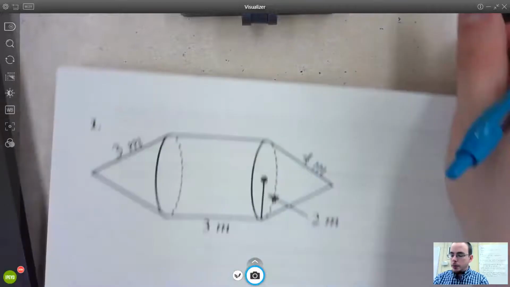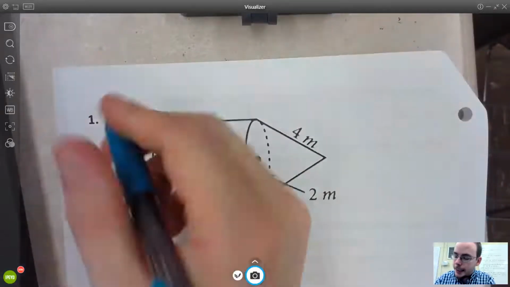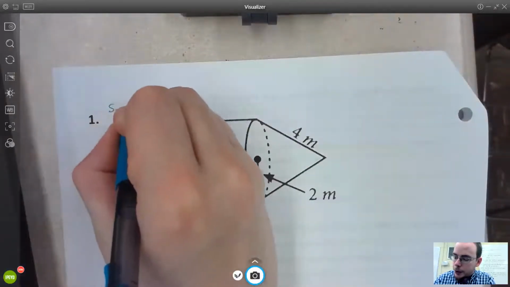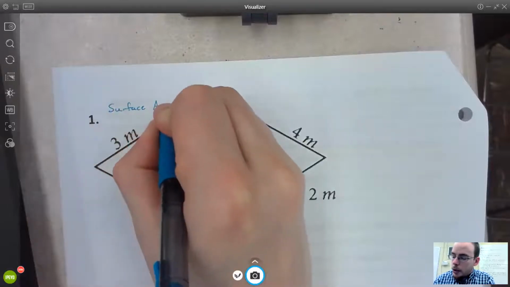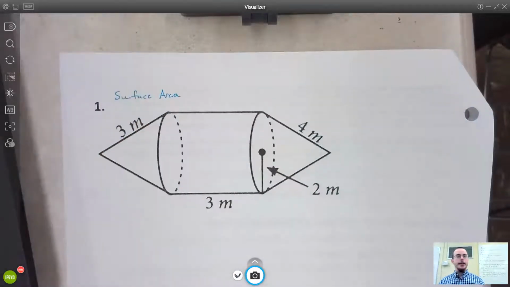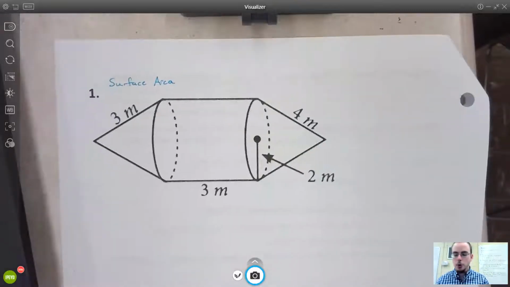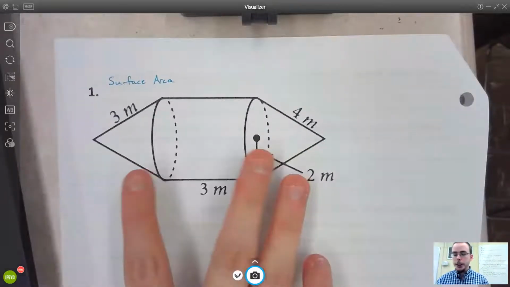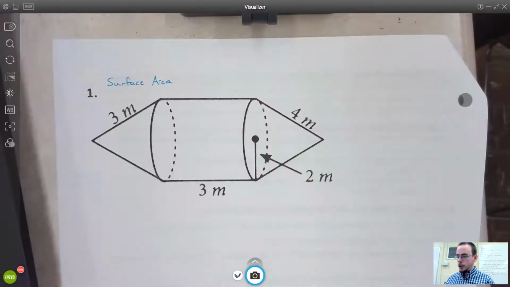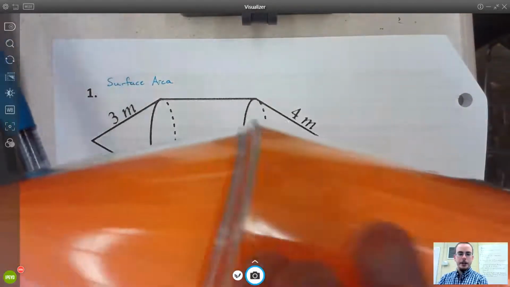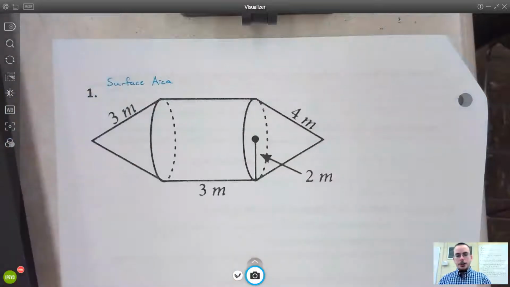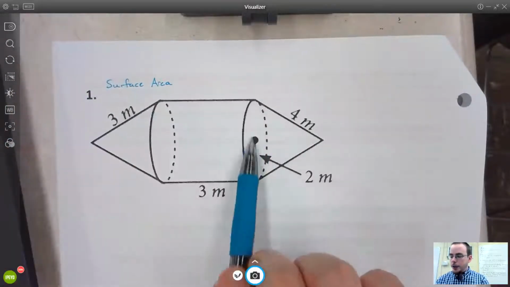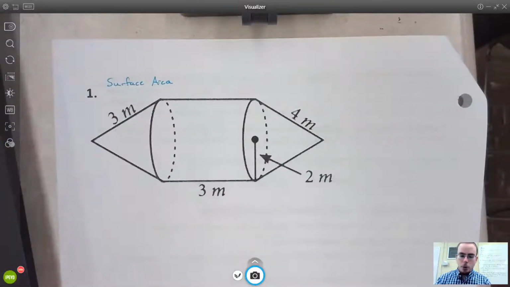So we're going to look at one here, and we're going to find the surface area for this one. Our first step in any of these problems is we need to determine what 3D objects we're looking at. If you look at this figure, we see that we have a cone here.